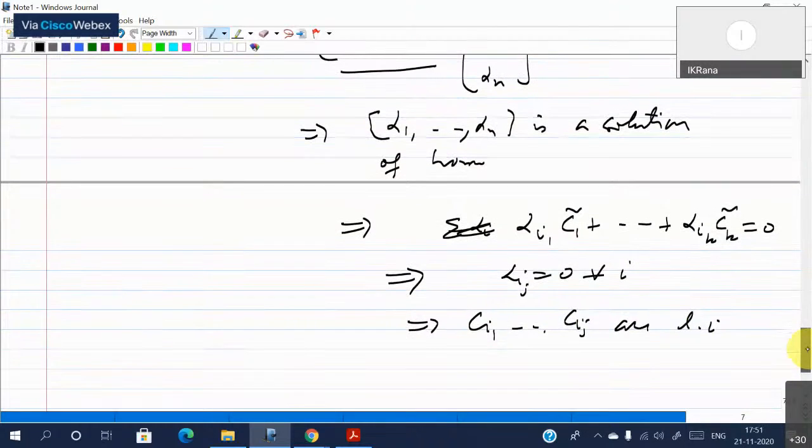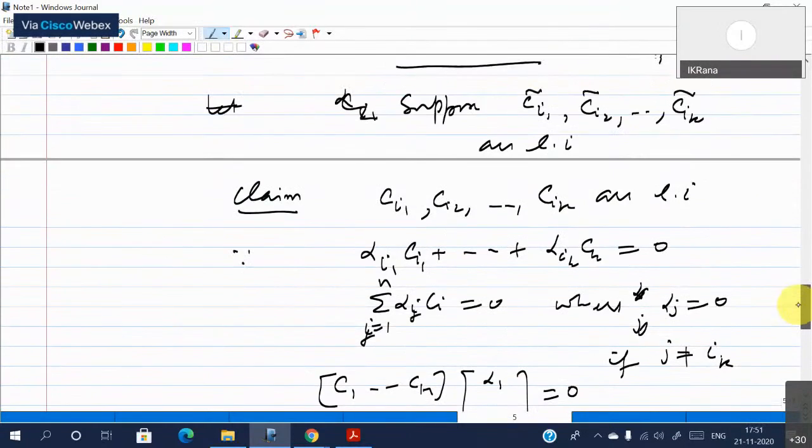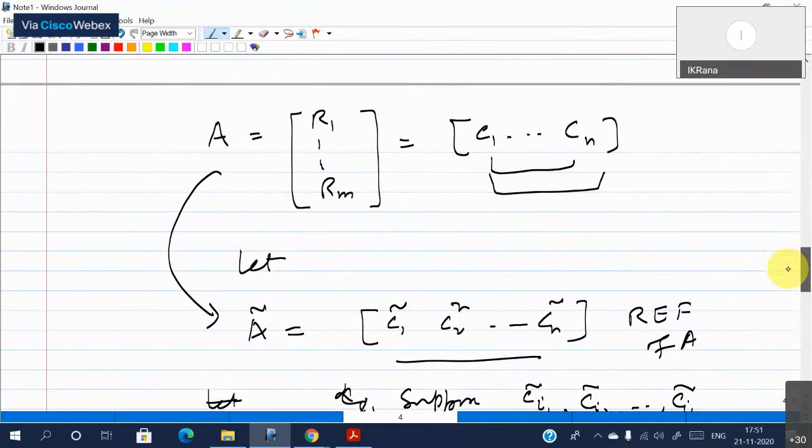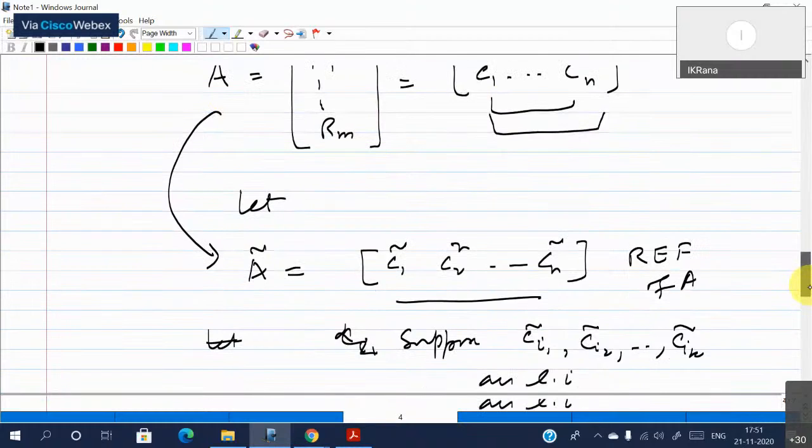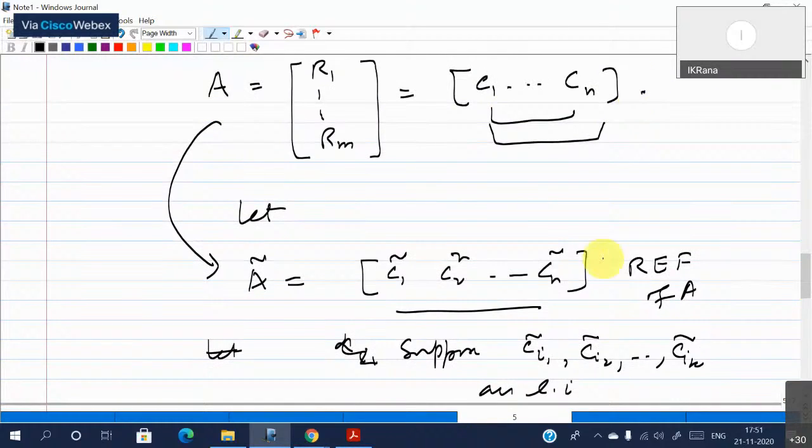You can try to write a proof yourself; there's nothing very complicated in it. What we are saying is, if in a matrix A these are the columns and these are the columns of A tilde, then whatever is independent here remains independent here, and whatever is dependent here remains dependent here. So independence and dependence of columns do not change when you apply elementary row operations.